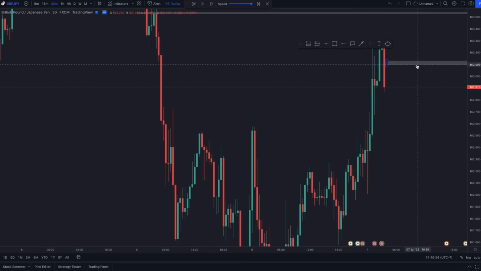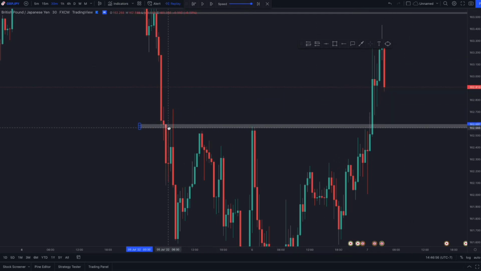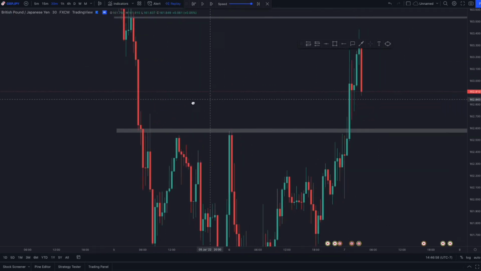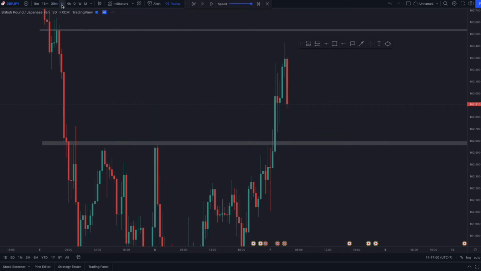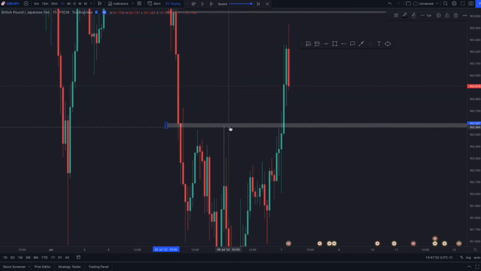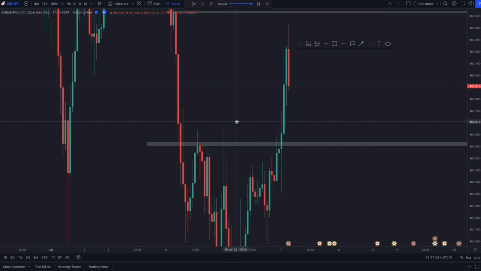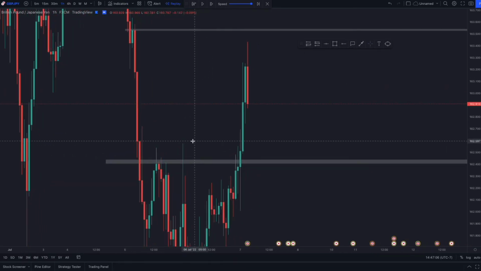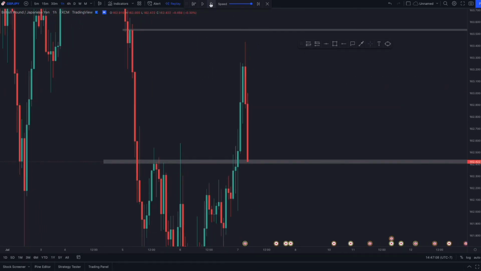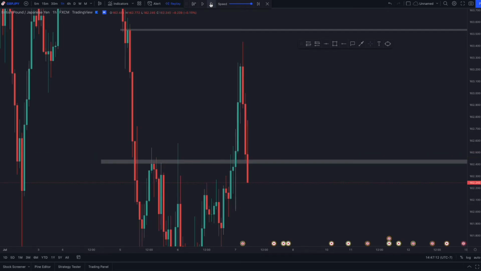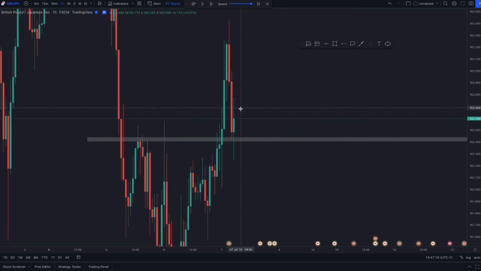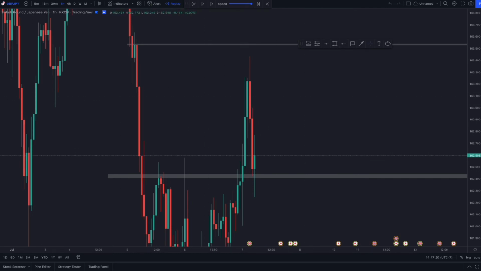So, where are we looking for support to be formed? Let's go on the 1 hour. We're looking for support to be formed right there on the 1 hour. That would be nice. Okay, we got 1 hour support at New York open as well. And what do you see?